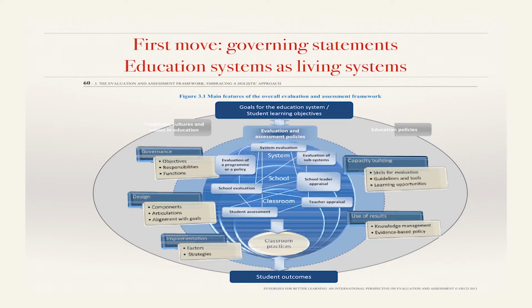This is from the 2013 OECD report, which is called Better Synergies of Learning for Learning. And this is a quite strange document, but very influential, where the OECD launched a sort of empirical analysis of what the trends were in terms of educational evaluation in the OECD countries, and they established national teams which were asked to make reports on the contemporary trends in educational evaluation.